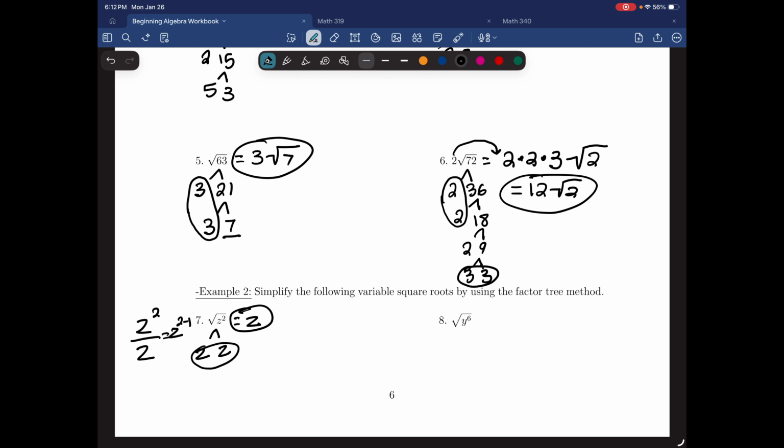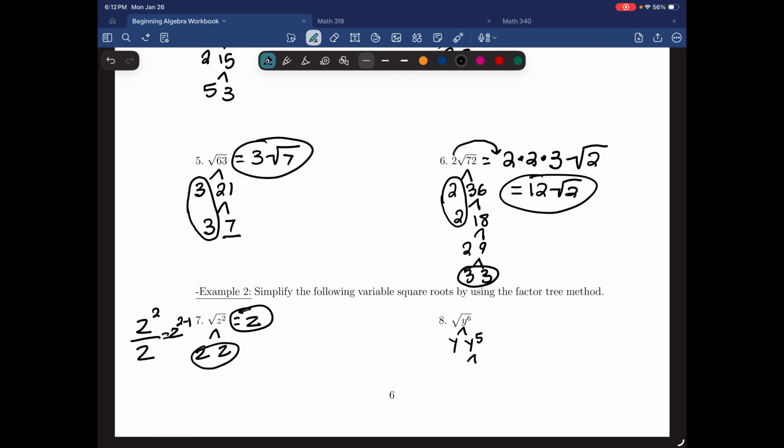Now looking at example 8, let's go ahead and make that factor tree. So I know I can divide y to the 6th power by y. And y to the 6th power divided by y just becomes y to the 6 minus 1, which becomes y to the 5th power.